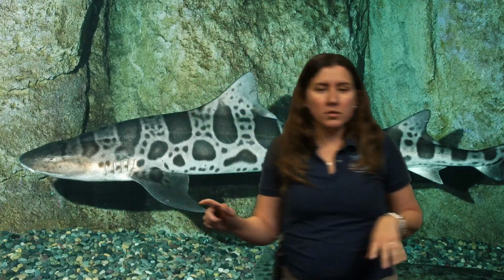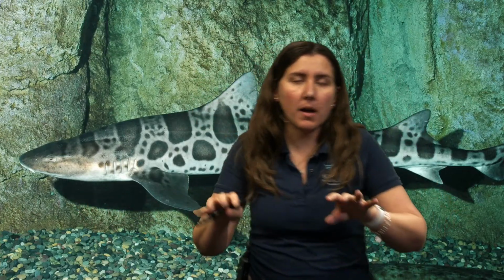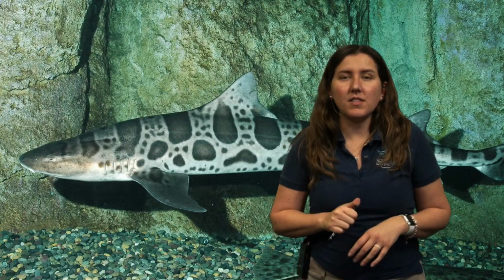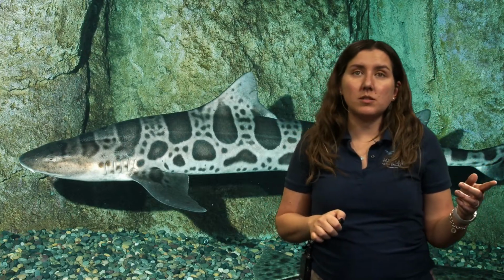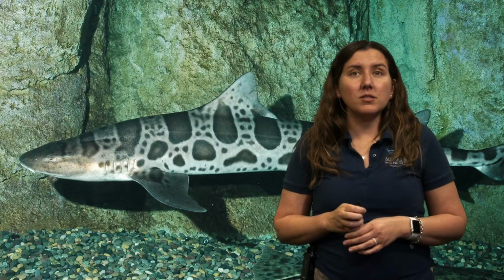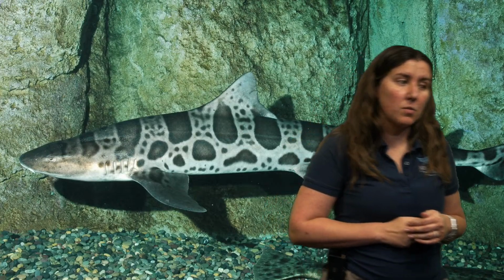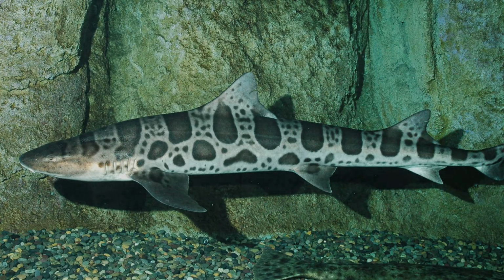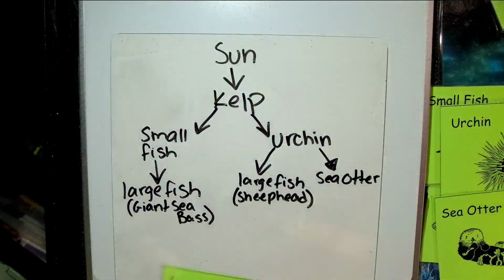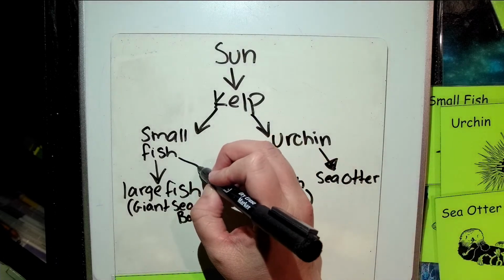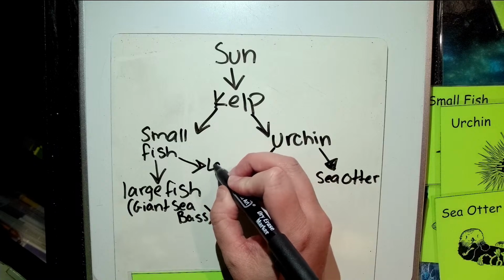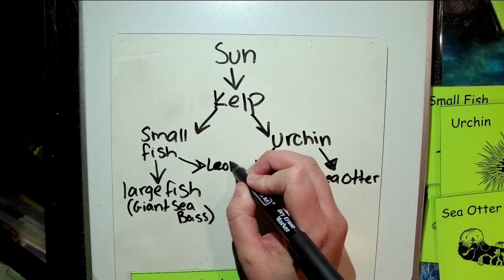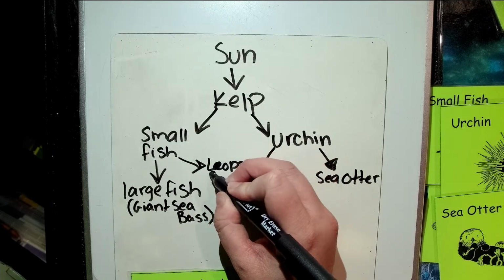So it's more so hanging out towards the bottom and trying to find some stuff that's hanging out towards the bottom. Maybe it can be eating those small fish, but it could also be eating animals that are hanging out in the sand as well. So I can add it over here into our food web as another animal that's eating that small fish. Leopard shark.